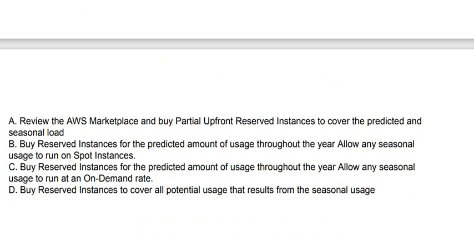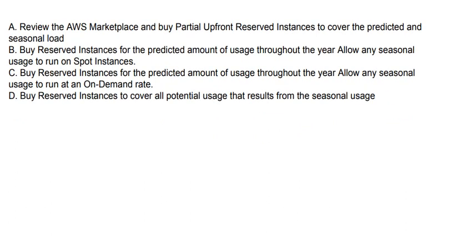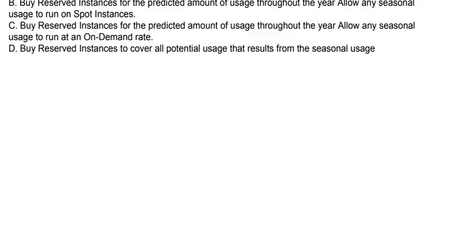Option C, buy reserved instances for the predicted amount of usage throughout the year. Allow any seasonal usage to run at an on-demand rate. And option D, buy reserved instances to cover all potential usage that results from the seasonal usage. The correct answer is option C.